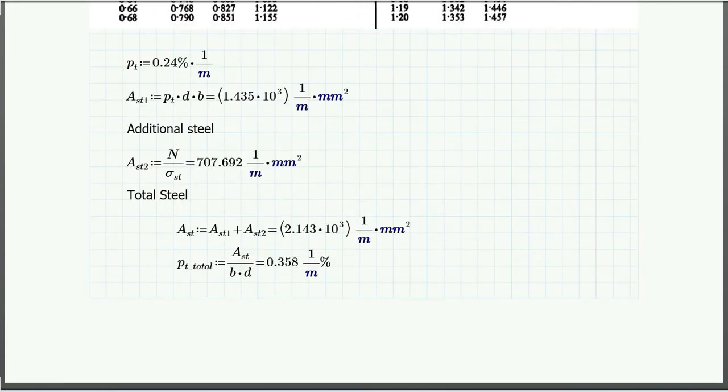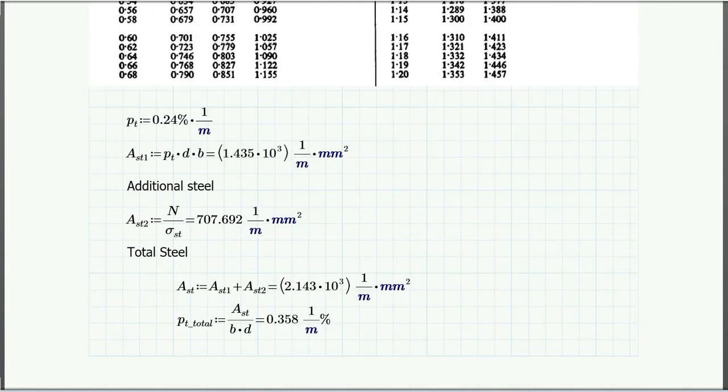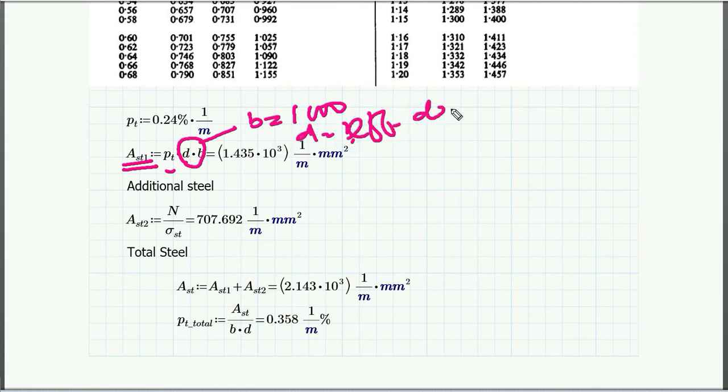Assuming pt as 0.24, you can find the steel required. Steel required will be pt into b into d. We have already said that b is 1000 and d is the effective depth, which will give you 1.435 into 10 to the power 3 mm square per meter of steel.